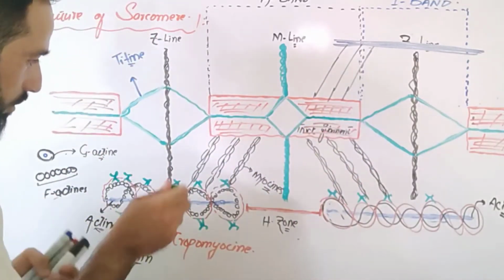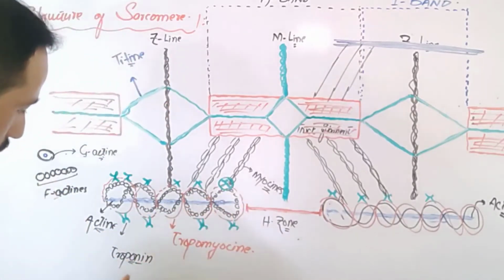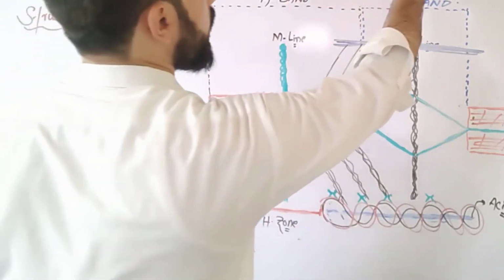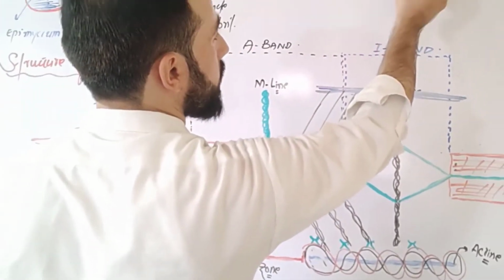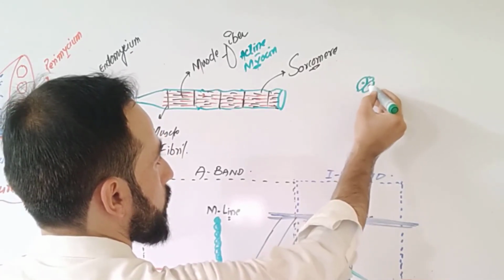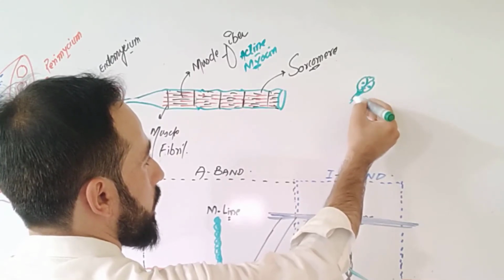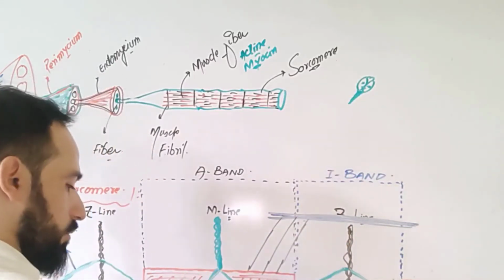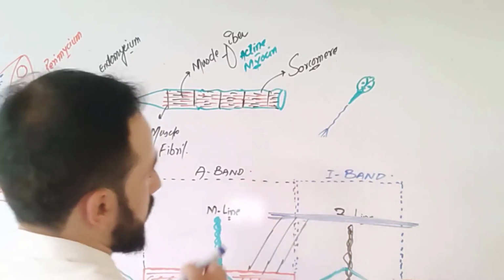So one thing remaining, look carefully. If I take this one myosin protein and write it here, this protein has a head like this. It has a head, and then the head is connected to the neck, and the neck is connected to the tail, right, like this.